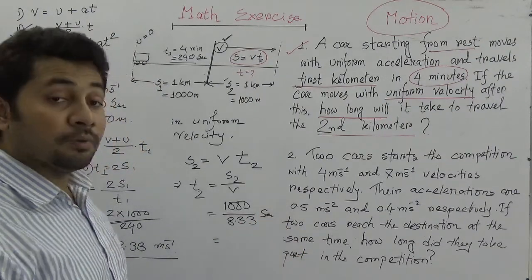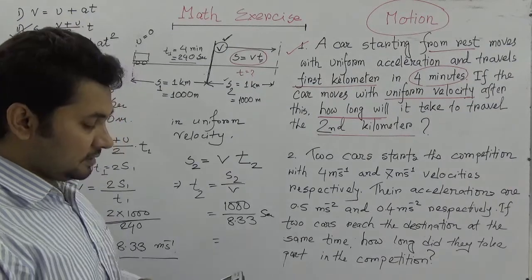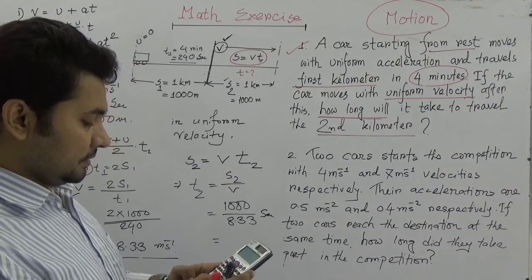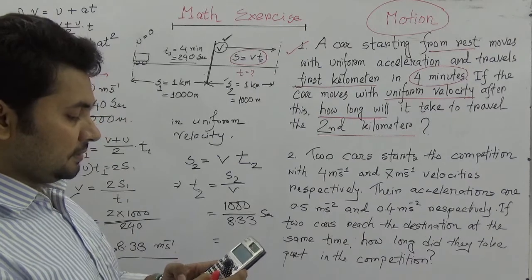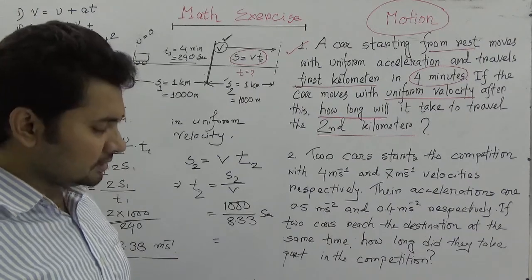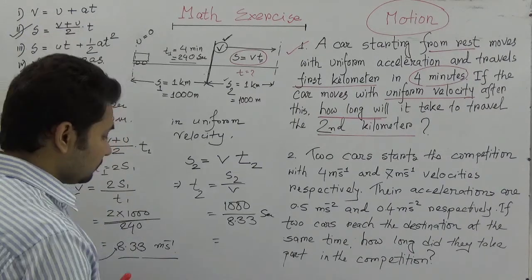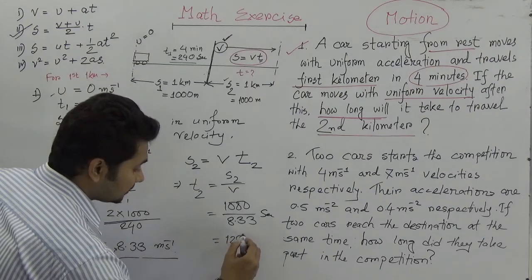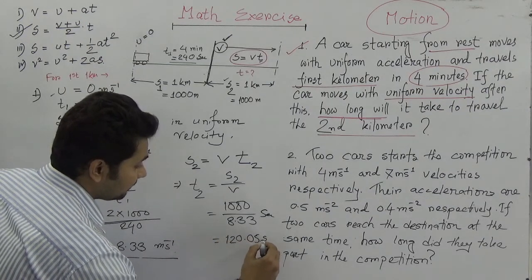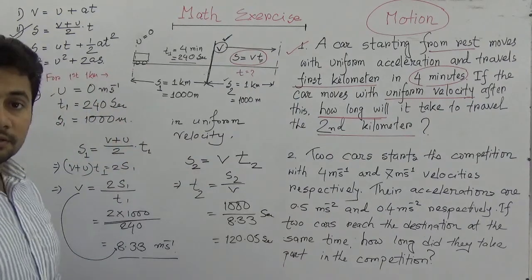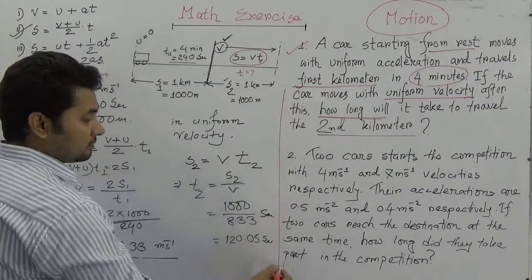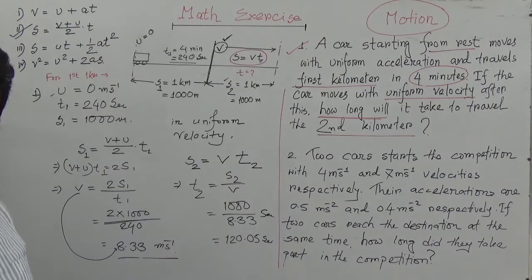So if we divide 1000 by 8.33, our answer would be 120.05 seconds.